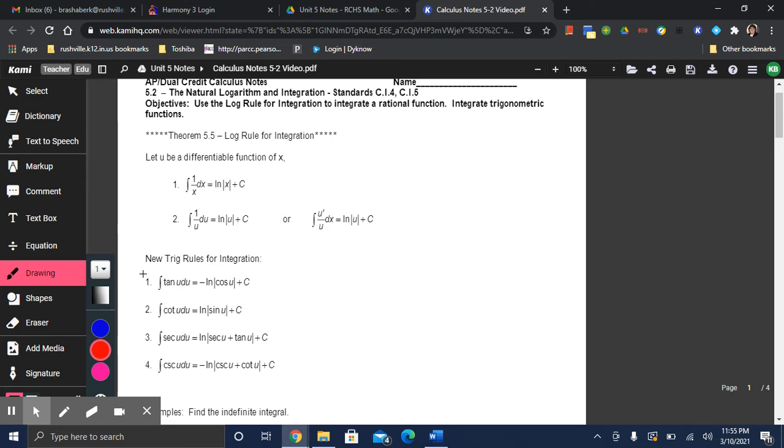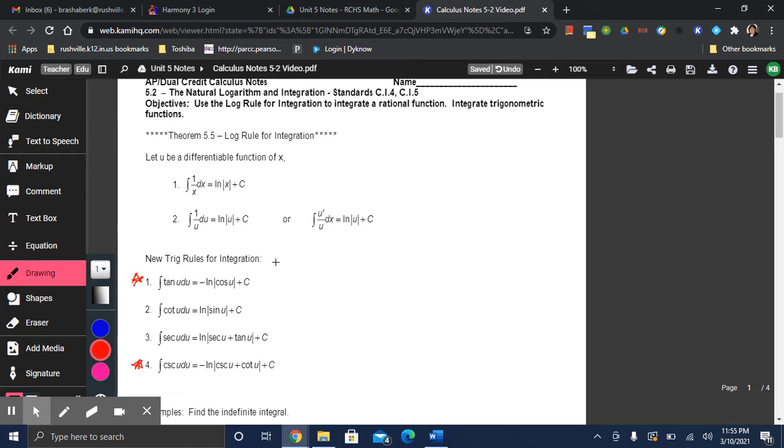You might note that the ones that have natural log with a co in the answer, those are the negatives. Notice also that in all these cases, we have to have absolute value around the argument because the domain of natural logarithm is from 0 to infinity, not including the 0.